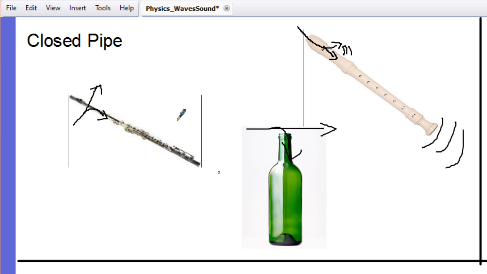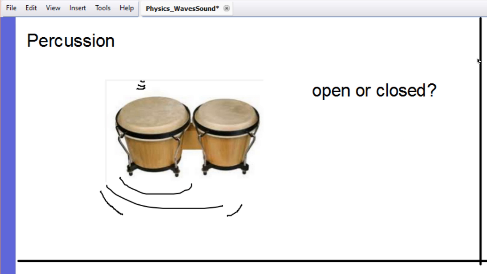So in all these cases, you get a little vibration at the opening, and big vibration on the other end. Percussion, you hit it, and it makes a much larger vibration. Crazy. A question for you, do you suppose that these drums right here count as open pipes or closed pipes?